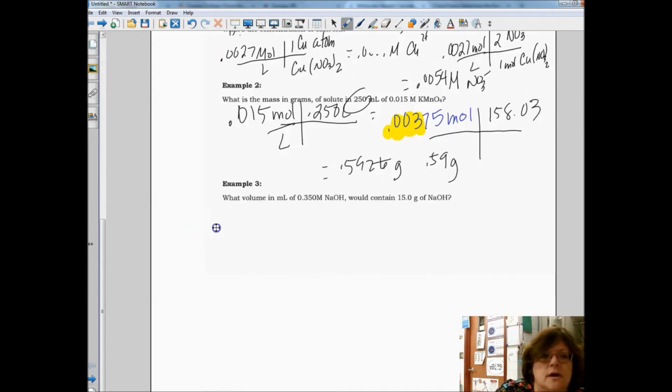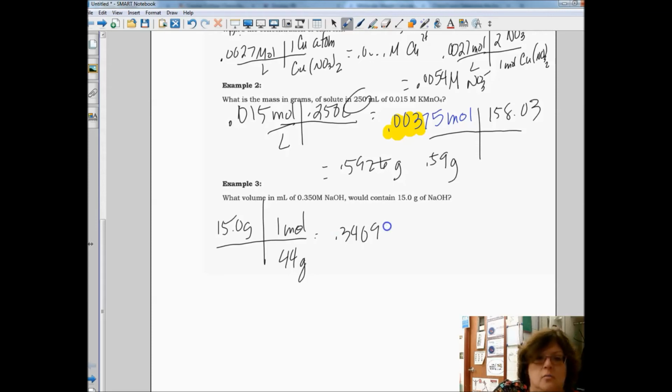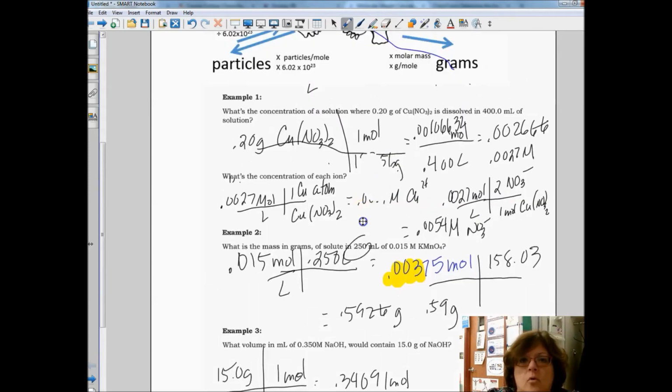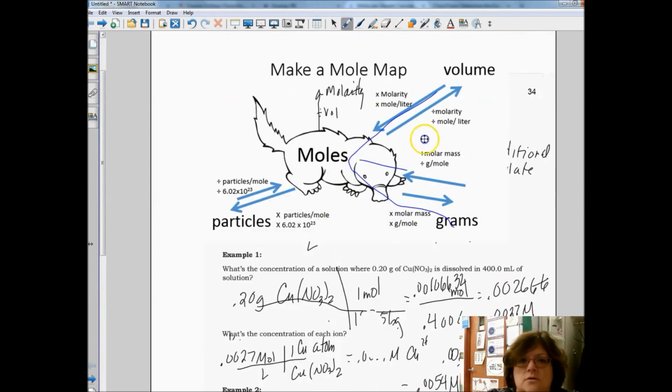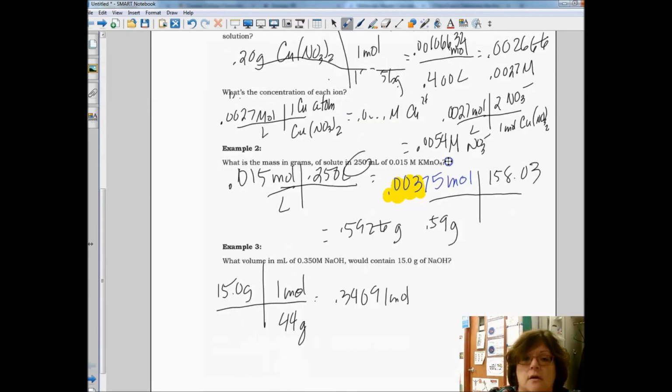We have 15 grams of NaOH. The molar mass of NaOH is 44 grams in 1 mole. That will give us a number of moles, 0.34091 moles. Now we want to go from moles to volume, and it shows dividing by molarity.